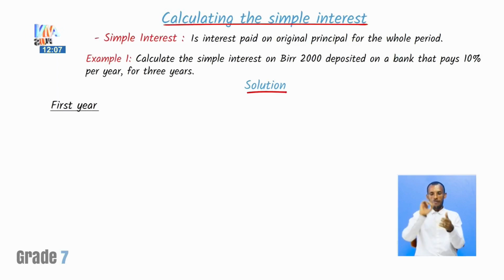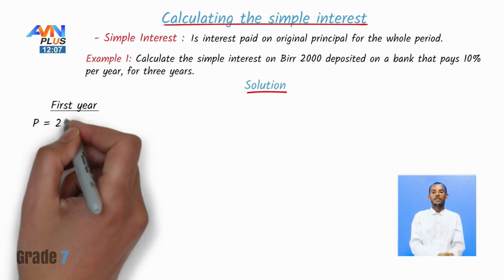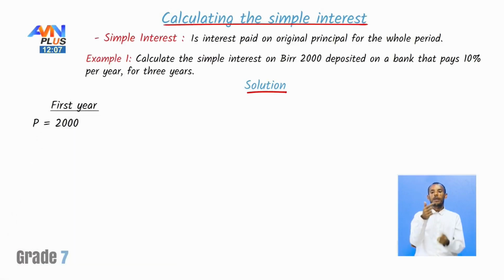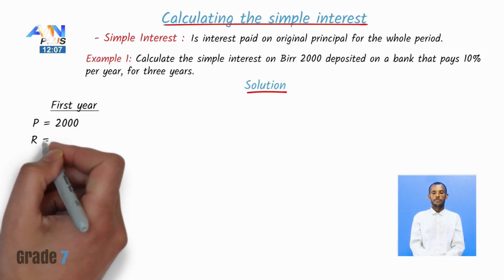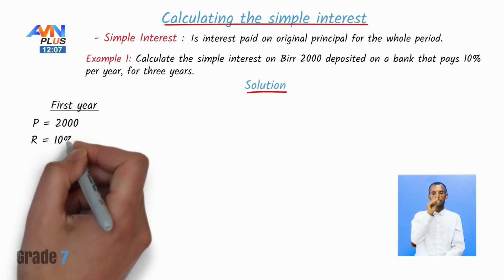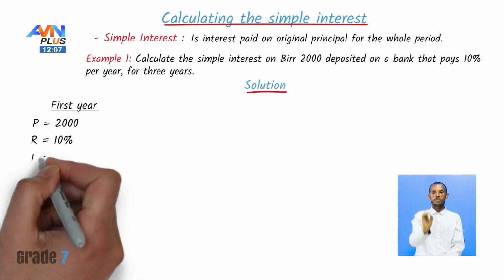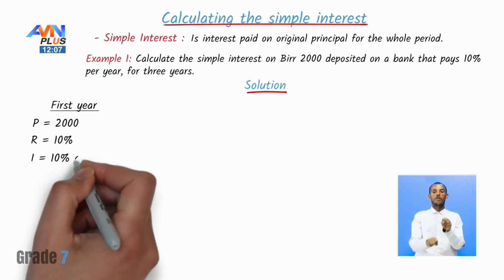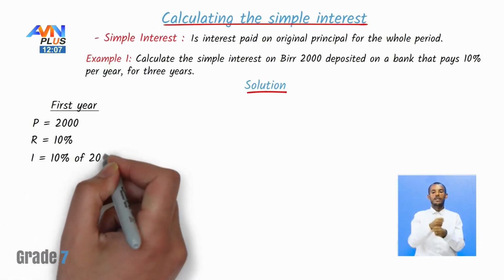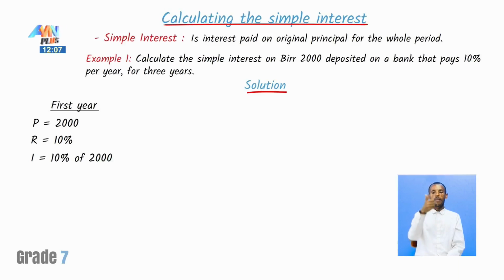First year. On the first year, the money deposited here is 2,000 and the interest rate is 10%. So, the first year interest will be 10% of 2,000.